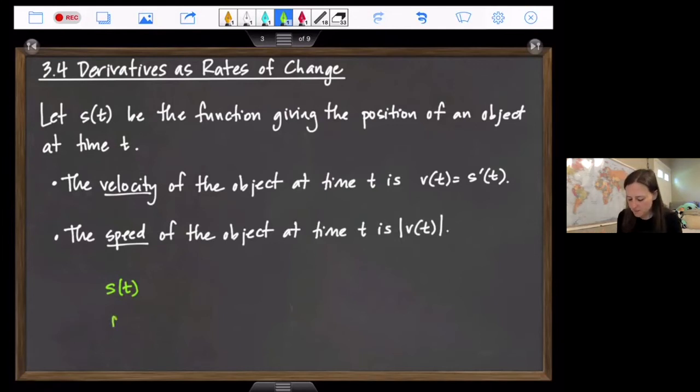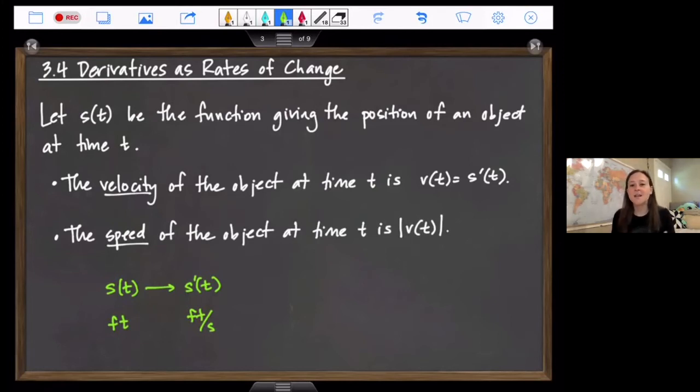Maybe this would be measured in units of feet. And we know that when we take the derivative of that, we get the velocity function. That would tell us at any given time what our velocity is, in feet per second. And we know now that that velocity is going to be negative if we have a rock falling down. A downward velocity would be a negative velocity, but it would be in feet per second.